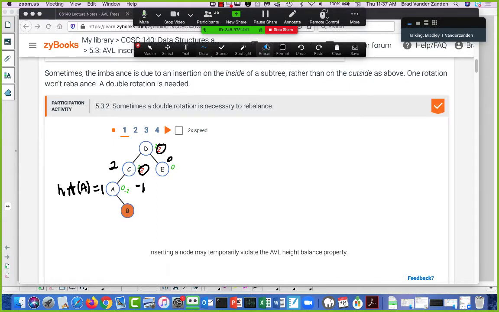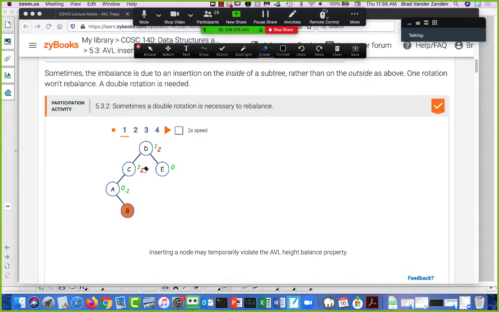But we do our rebalance at the first node where the imbalance occurs, and the first node where the imbalance occurs is right here. That's the first place where the balance factor is 2. So we're going to try to see if we could rebalance about A, and we're going to see that that's going to fail.